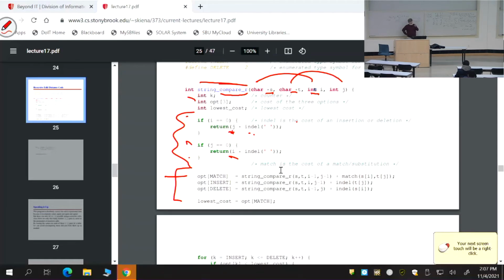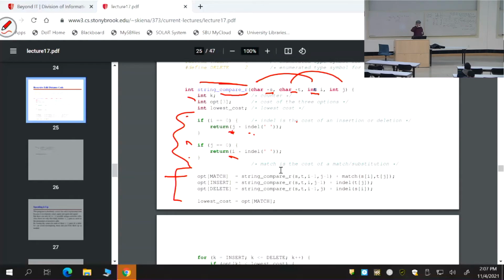What is the running time of this program? Okay, can we do an analysis of this? If one string is of length n and the other string is of length m, what is the running time of this recursive program?